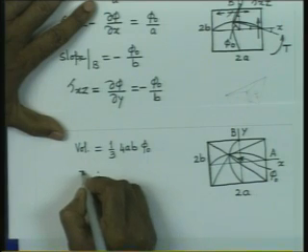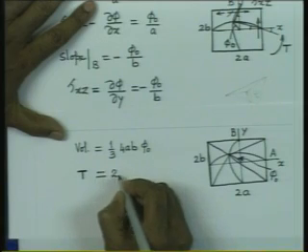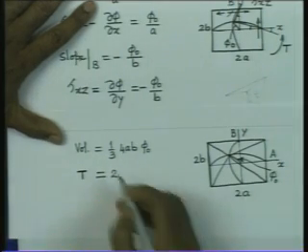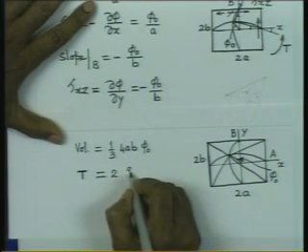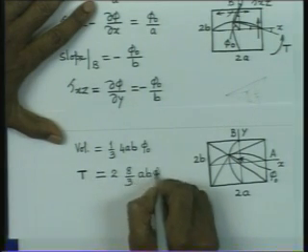We have already seen that the torque capacity is twice the volume bounded by the phi surface and the base. So, therefore, it is 8 by 3 AB phi 0.